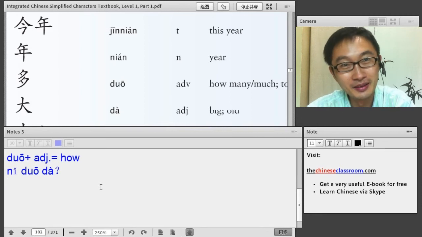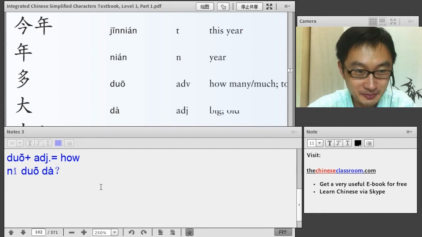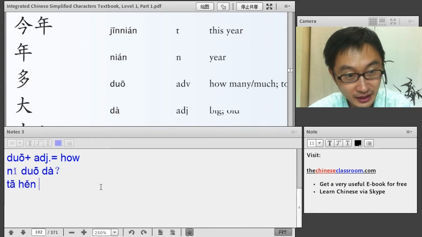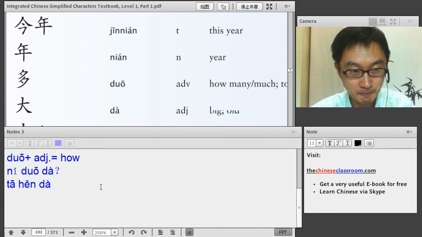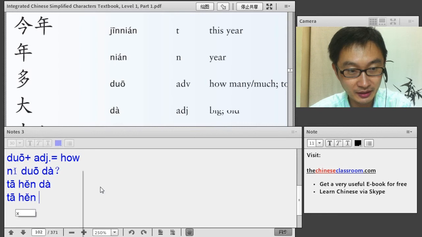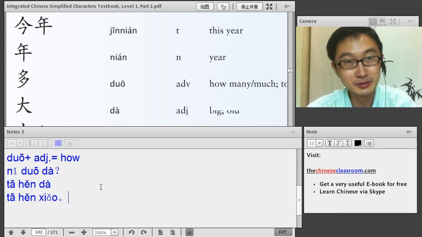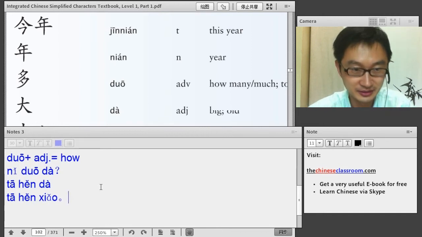For age we also say big, small. For example, if you say 他很大, normally it means he's old, he's older, not that he's big. If you say 他很小, 小 is small, small means he's young, not really for the size.